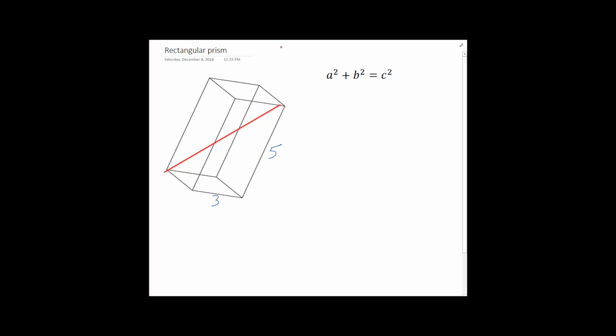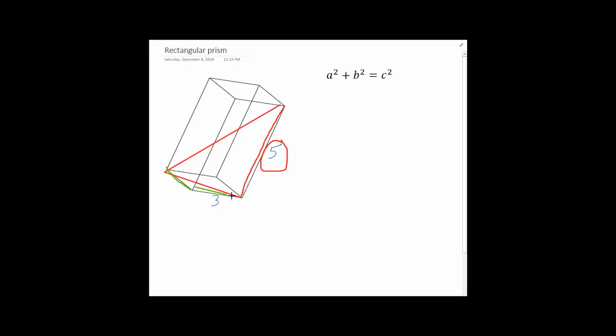This one is going to go across the diagonal, and then it goes also through our height here, right? Now the problem is we only know 5. We don't know what this is, and we don't know what this is. So we have to find it again. We know the base here is 3.